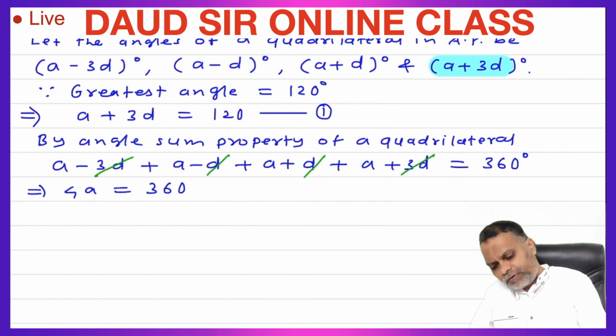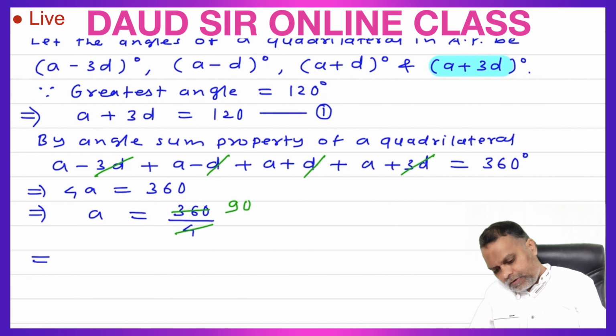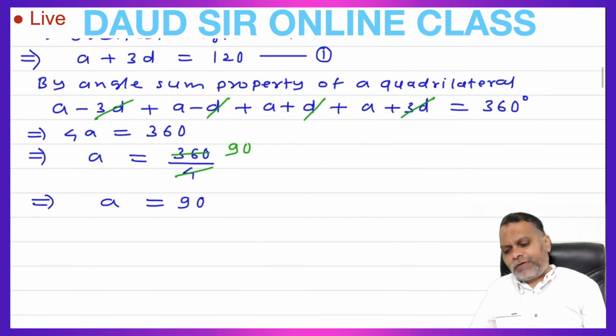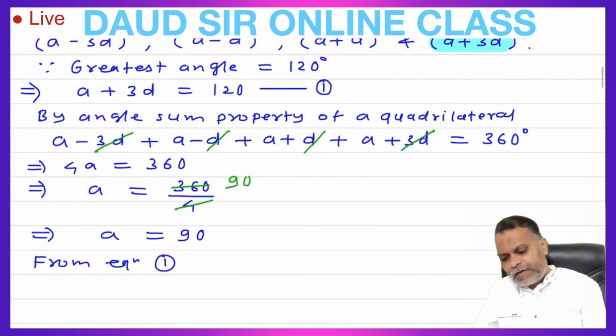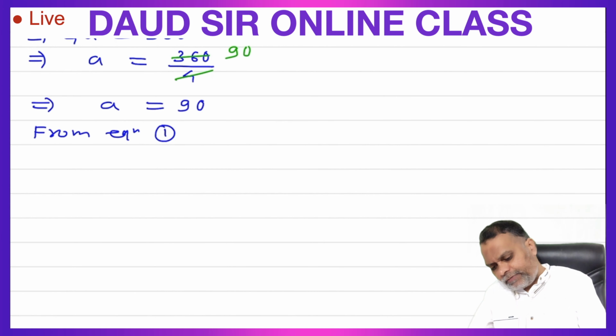So A is equal to, dividing by 4, 360 upon 4. 4 9s are 36 and this is 0. So A is equal to 90. From equation first, A plus 3D is equal to 120.